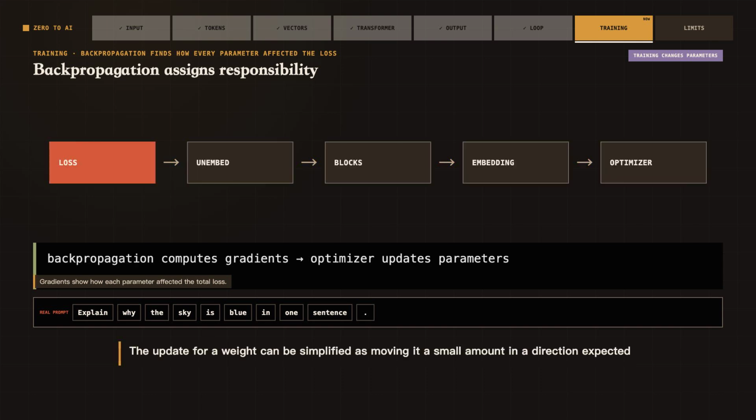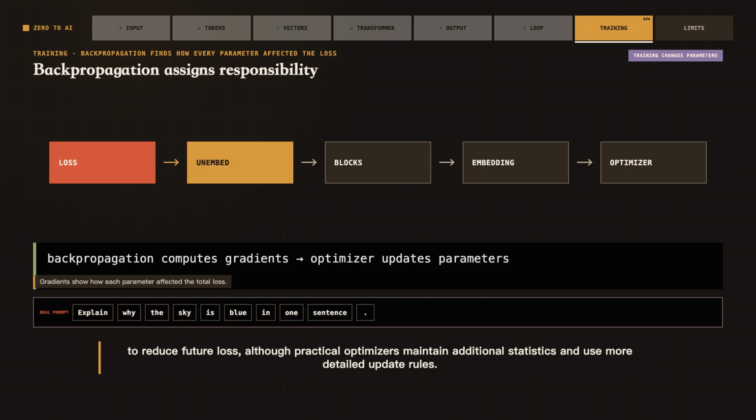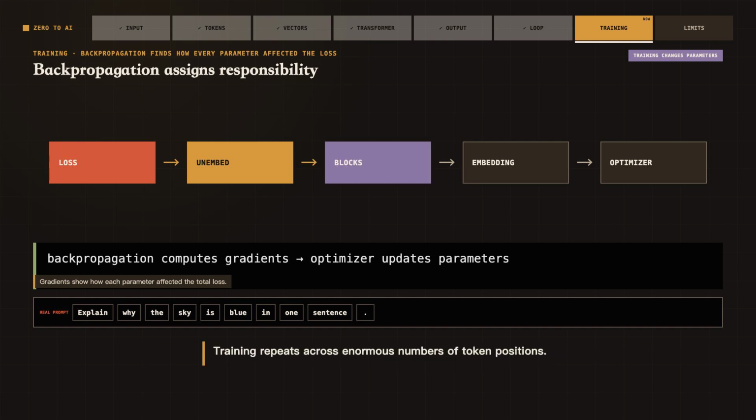The update for a weight can be simplified as moving it a small amount in a direction expected to reduce future loss, although practical optimizers maintain additional statistics and use more detailed update rules. One batch does not create a language model. Training repeats across enormous numbers of token positions.